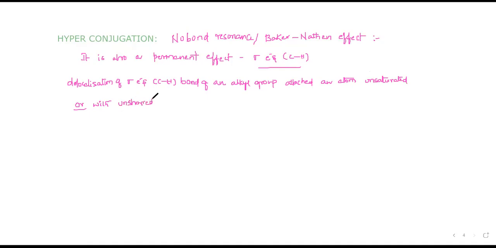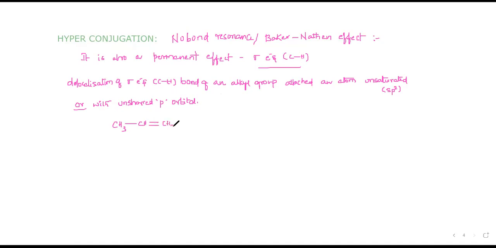If it has unshared p orbitals, that also gives a possibility of showing hyperconjugation. Generally the unsaturation we represent with the example of sp2. Even we can go with sp also, that is also an unsaturated example. Representation with CH3-CH=CH2.